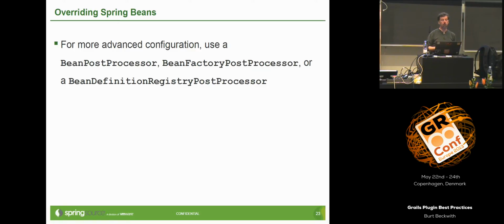And all you do is create a class that implements one of these interfaces, register it as a bean with any name. The name doesn't matter. And Spring will find all these post-processors. It'll pull them out first. So as it's reading the context, as it's building up the context, it searches for all these post-processors first, pulls them out of the way, and then starts building the beans and then calls all the post-processors to do all this work. Pretty slick stuff.